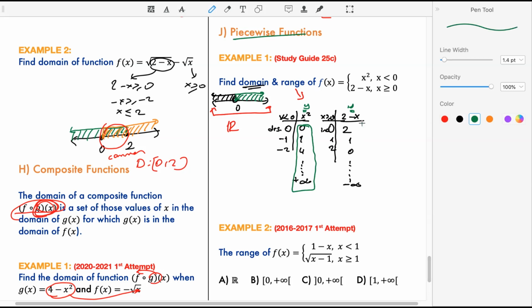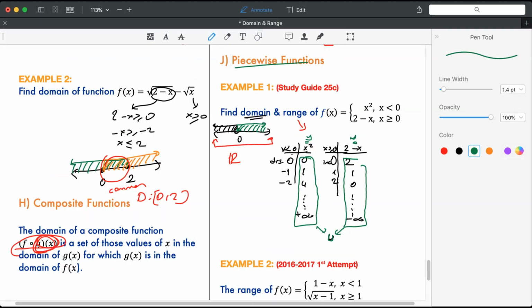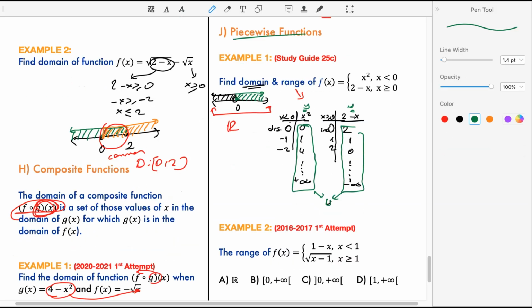infinity. So we unite those two y values. Unite them. So let's make a number line first, as we did in domain, and see what numbers are possible.